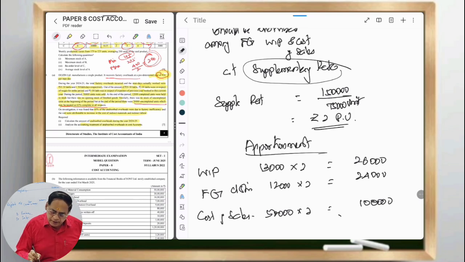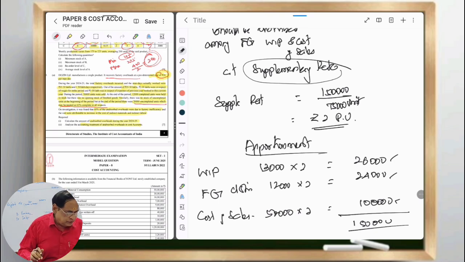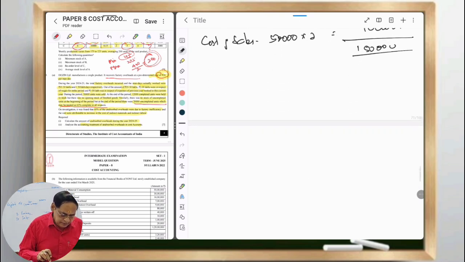So, if we add like this way, we have to apportion it. So, the total 1,50,000 rupees is apportioned among work in progress, that is equivalent production 26,000, finished goods closing stock 12,000 for 24,000, and then cost of sales 50,000 finished product, that is 1 lakh. Likewise, we have to distribute. So, this is over, and then we will see next.